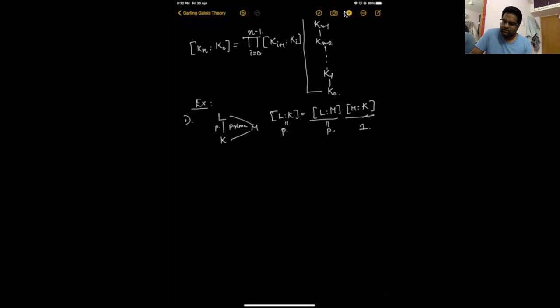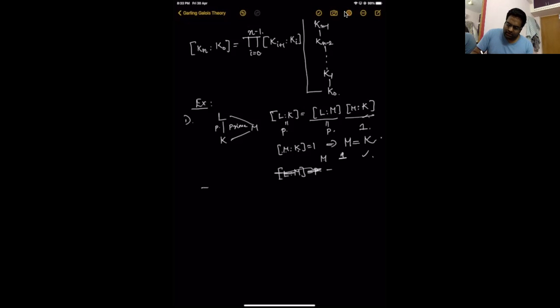So let us say [M : K] is 1. That means M as a vector space over K is one-dimensional. But if M is one-dimensional, you already know that 1 is always a basis of M, so M is equal to K. And then [L : M] is equal to p, so that's what it is.